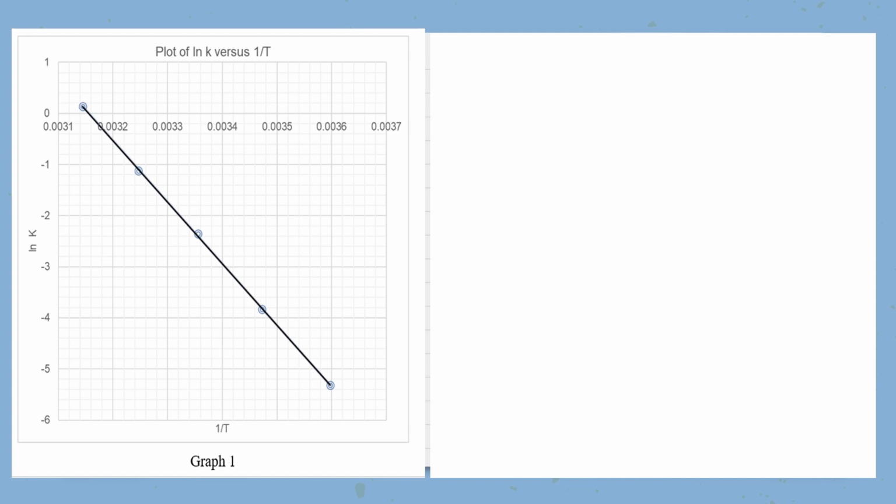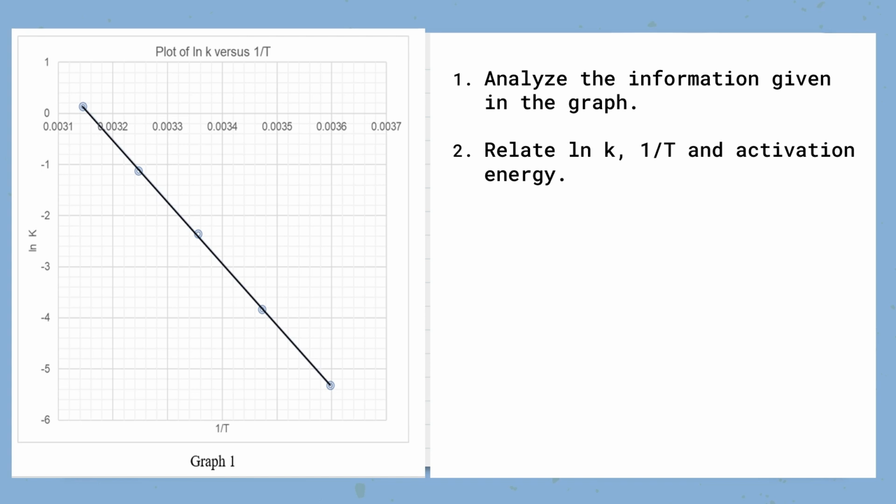If you look at ln k versus 1 over T, it is a linear plot graph. So we analyze the information given in the graph, which we just did. The second step is to relate ln k, 1 over T and the activation energy, because the question asks us to find the value of the activation energy in this experiment.